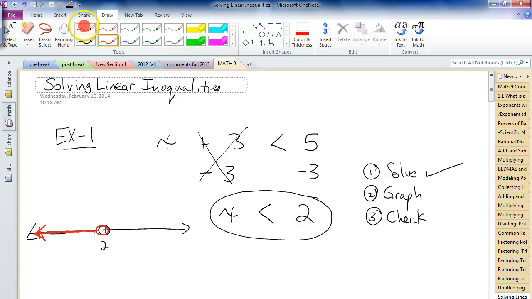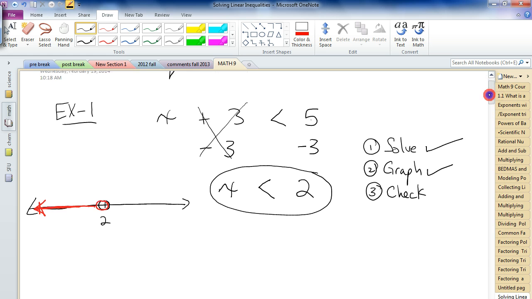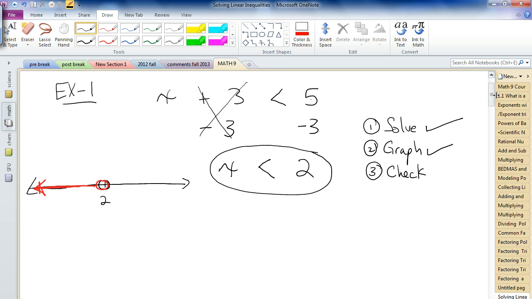And if you don't believe me, check it. So the graphing we just did, now let's check it. And to check this, let's see if we're right. Is this statement true for any number less than 2? Now for the check part, you get some freedom here. You can pick any number you want that's less than 2. Pick any number you like. Let's pick 1. Check for 1.